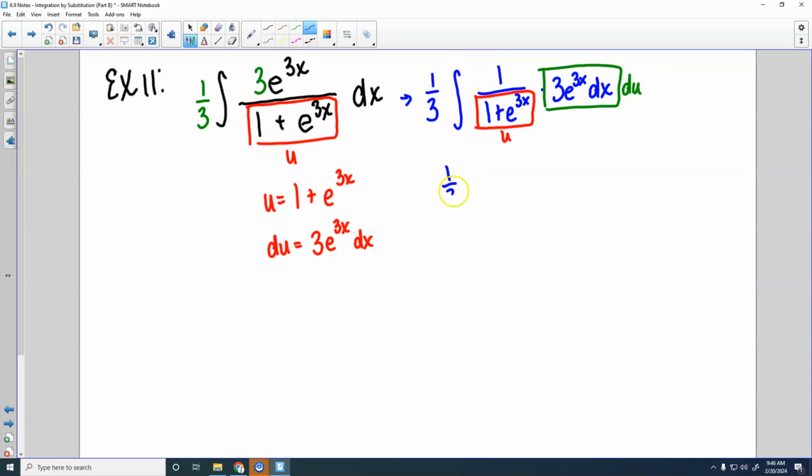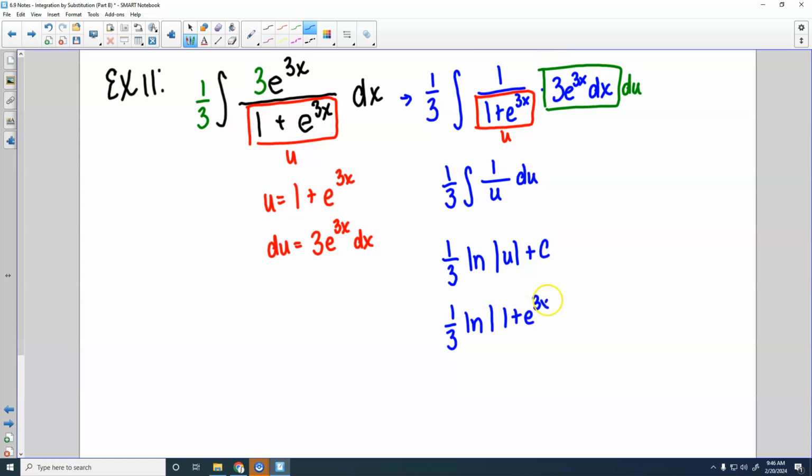So we got 1/3, 1 over u, du. What is the integral of 1 over u? Natural log of the absolute value of u plus c. So we got 1/3 natural log absolute value of 1 plus e to the 3x.